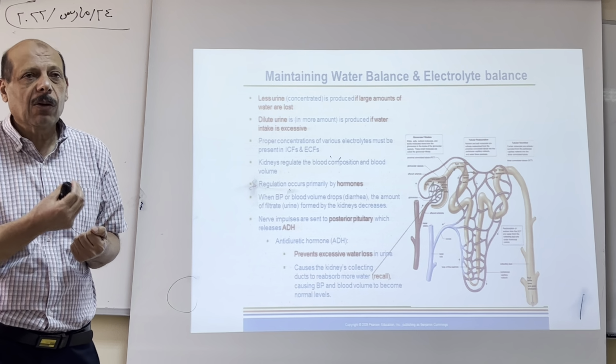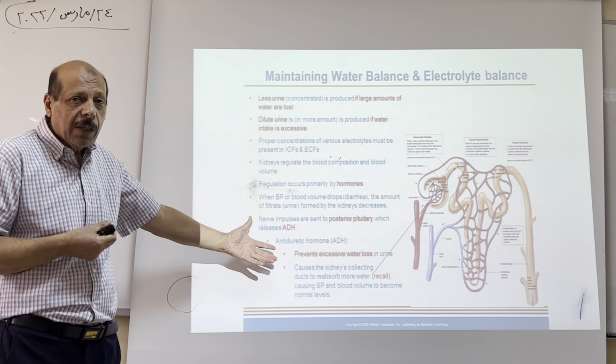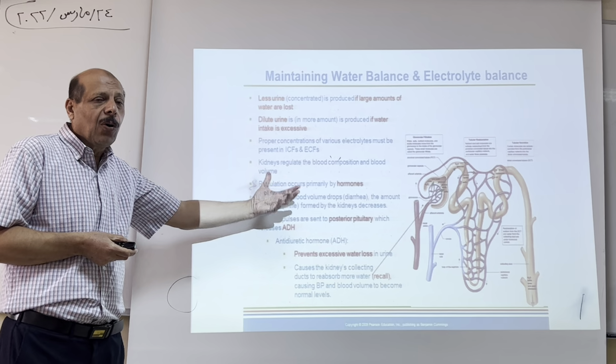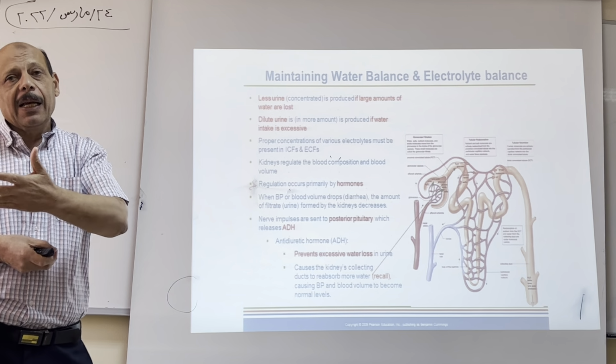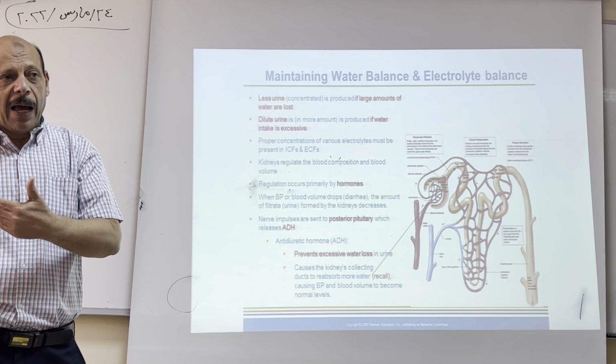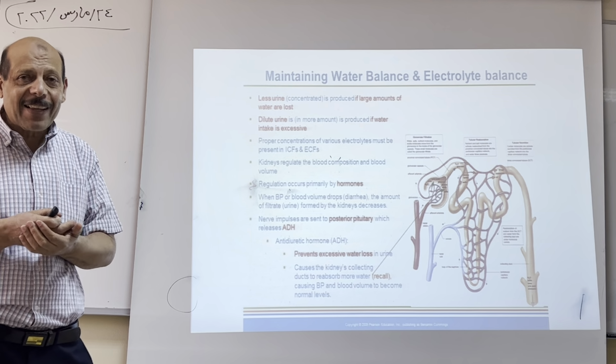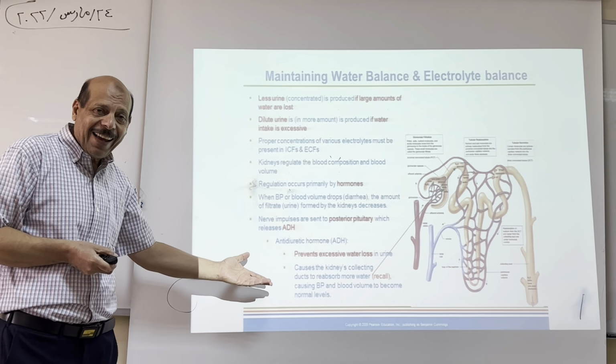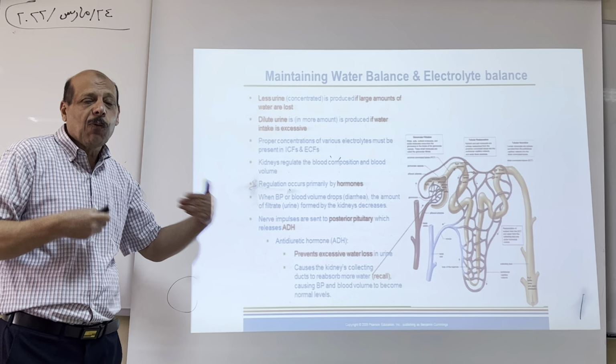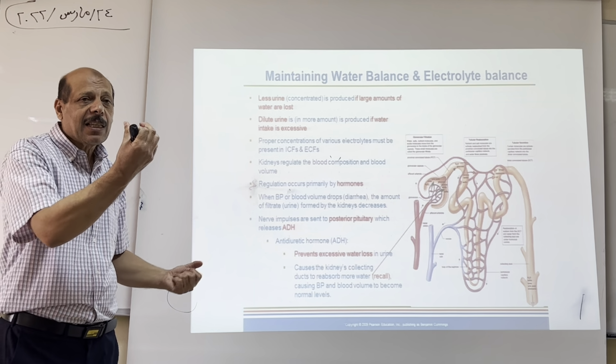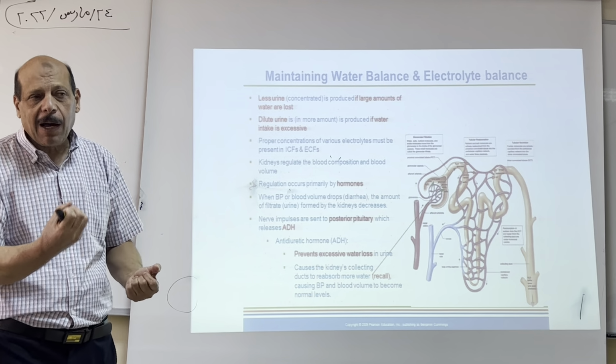But if we are losing fluid due to certain illness or due to the weather, high temperature, and we are losing it through the skin or through diarrhea or vomiting, in this case the blood volume will become less.